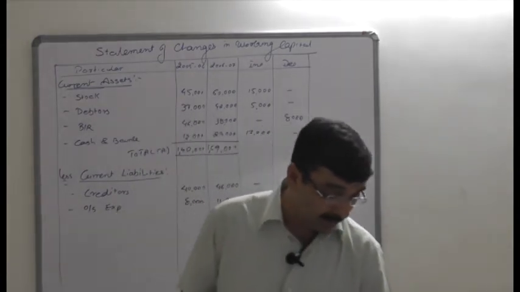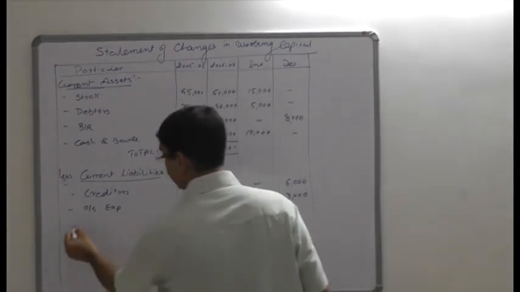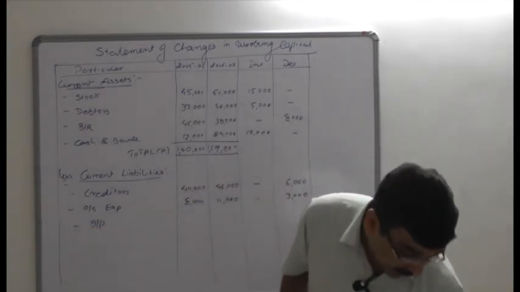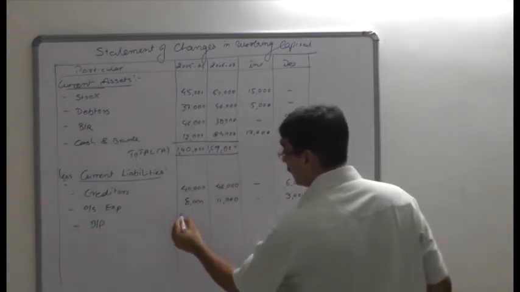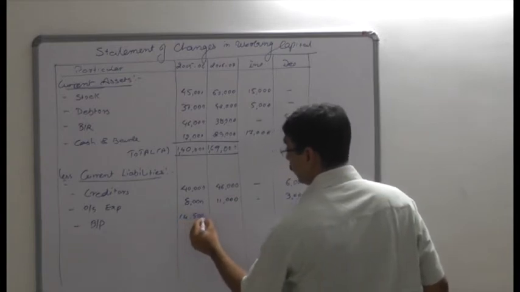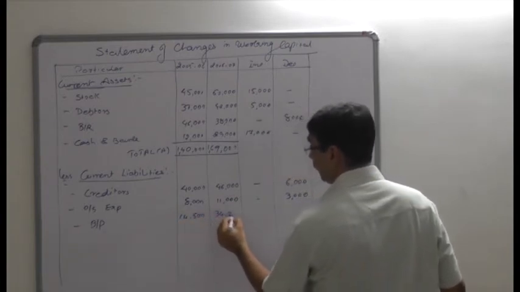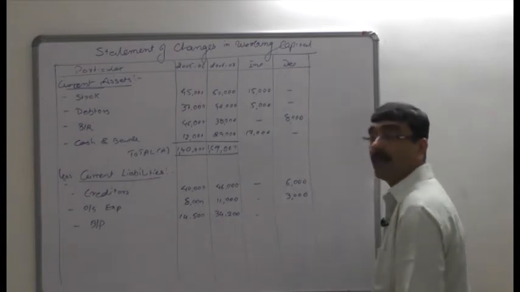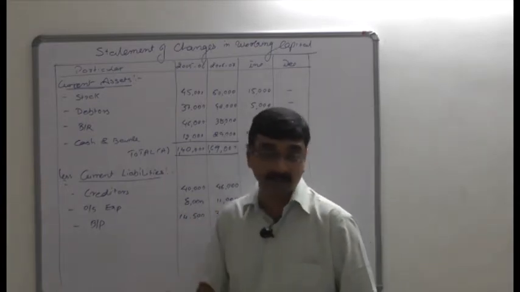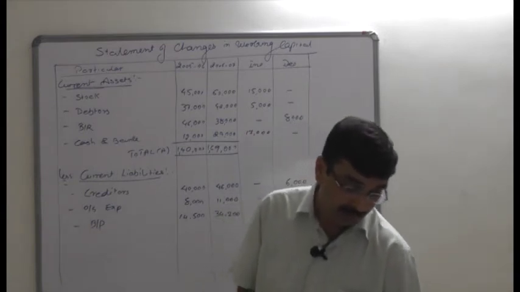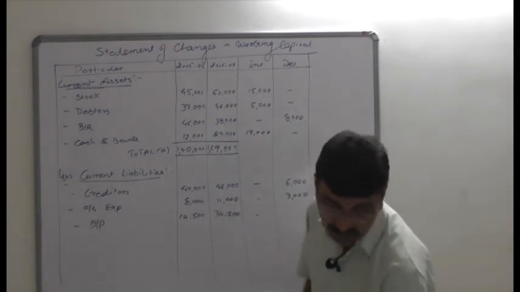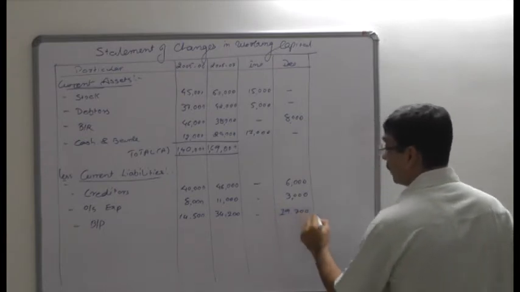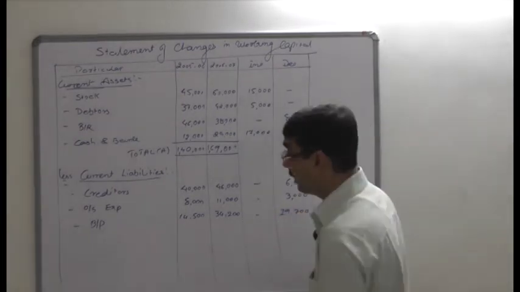The next is bills payable, and the bills payable amount is 14,500 and 34,200. So again the current year current liability is higher than the last year, and the difference amount is 19,700.